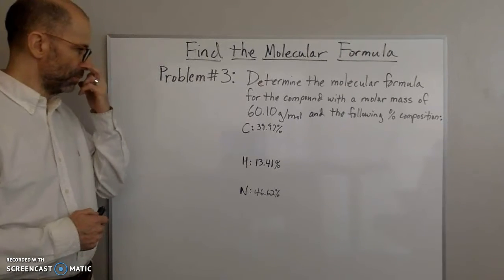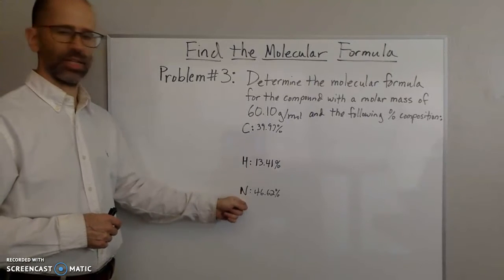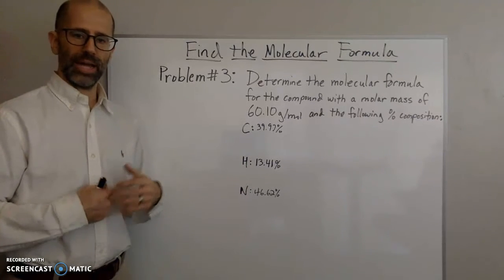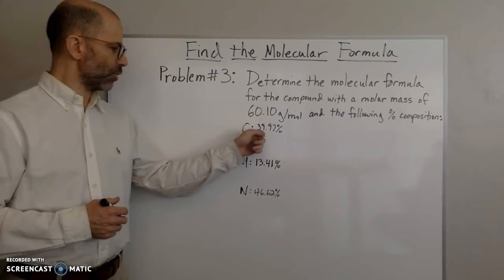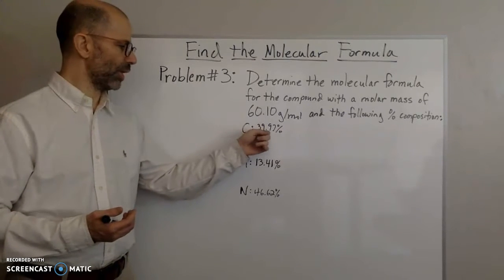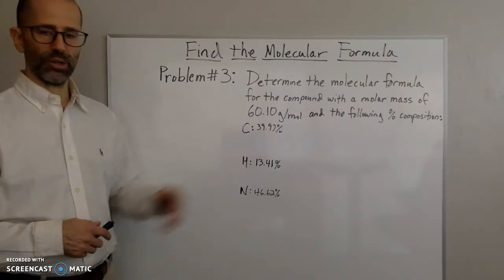So let's get started. The first thing you want to do, when they give you the percentages, is assume a 100 gram sample. Since you have 100 grams, 39.97% of 100 is 39.97 grams. So you just convert that to grams.